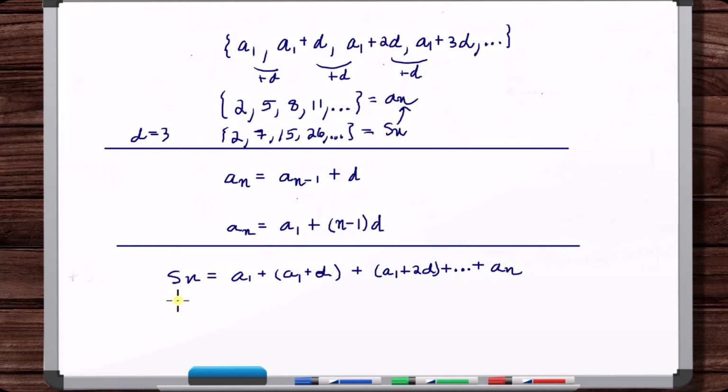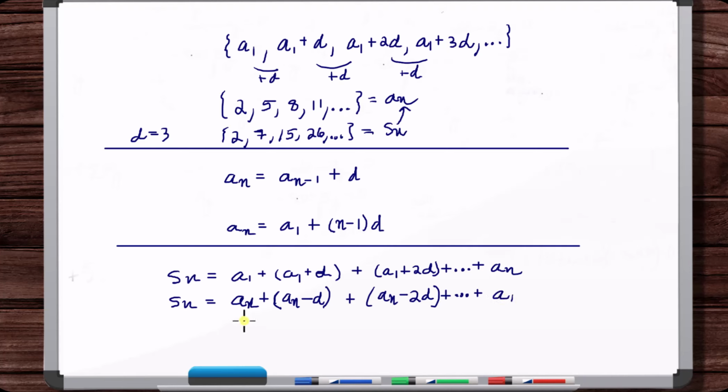Okay, now we can rewrite s sub n in descending order. So a sub n, and then what would the next term be in descending order? You just have a sub n minus d, and then a sub n minus 2d, and it ends with a sub 1.